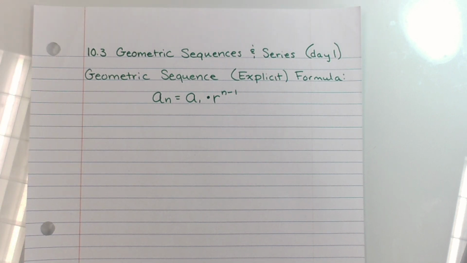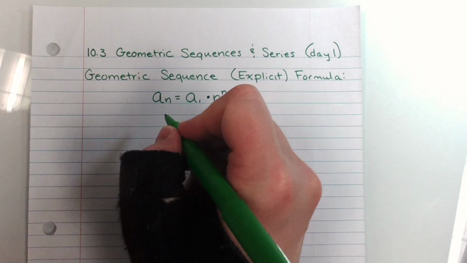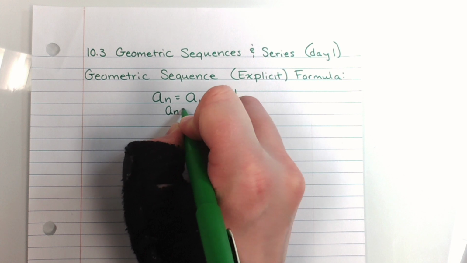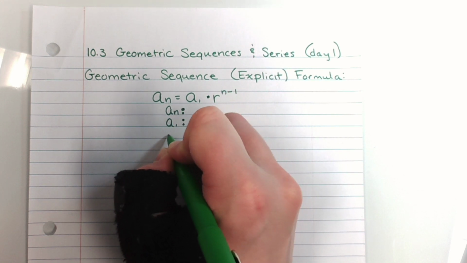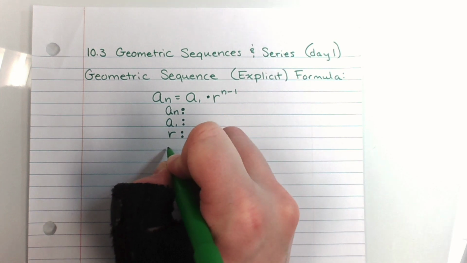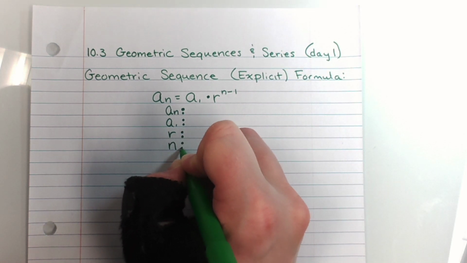So, our explicit formula, a sub n is equal to a sub 1 times r to the power of n minus 1, has 4 variables, which we should be familiar with by now. But I always redefine them.